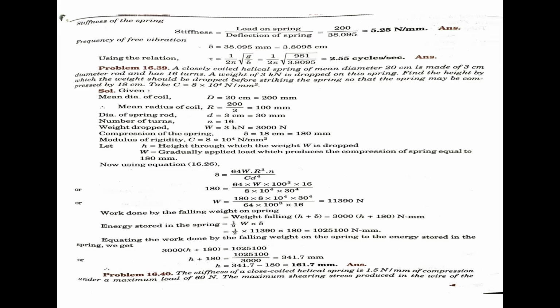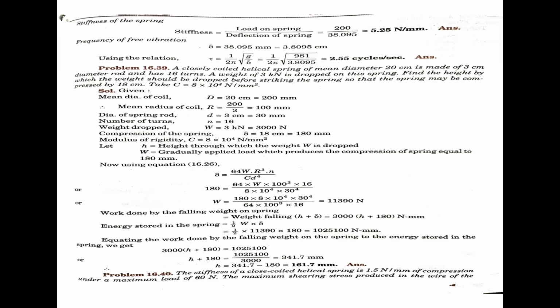1025,100 newton mm. Equating the work done by the falling weight on the spring to the energy stored in the spring, both conditions are equated. Now 3000 into H plus 180 equals 1025,100.